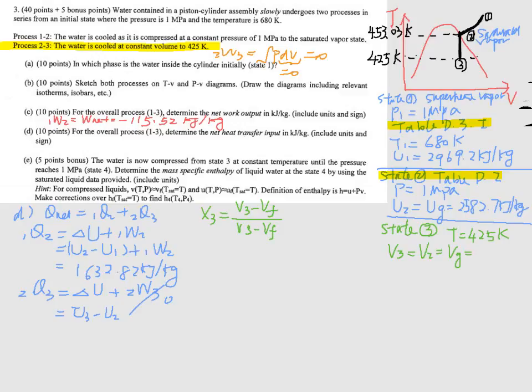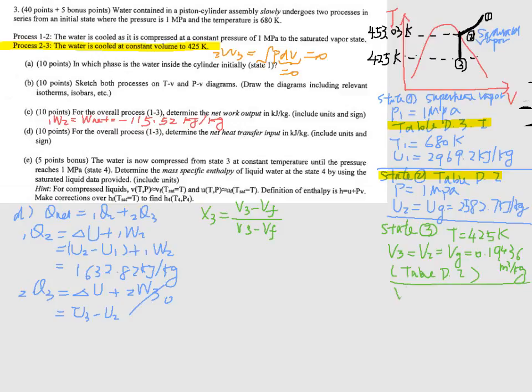So if we go to table D.2 again, we can find VG is just 0.19436 meter cubed per kilogram. I'm going to write that's from table D.2 again.